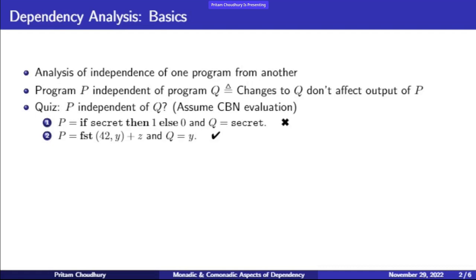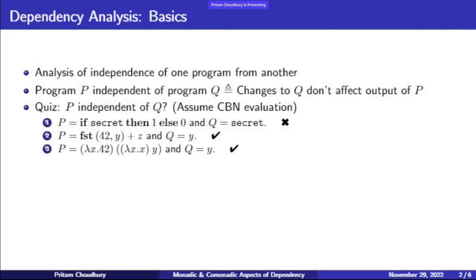Next, P is this program, this lambda term applied to this argument, and Q is y. Is P independent of Q? The answer is yes. Again, this function does not look at its argument, it just returns 42. So it doesn't matter really what y is.